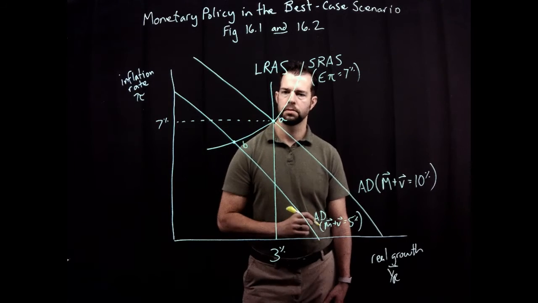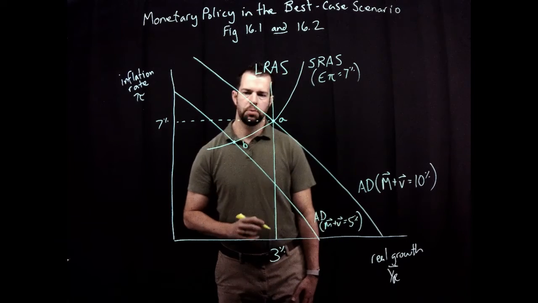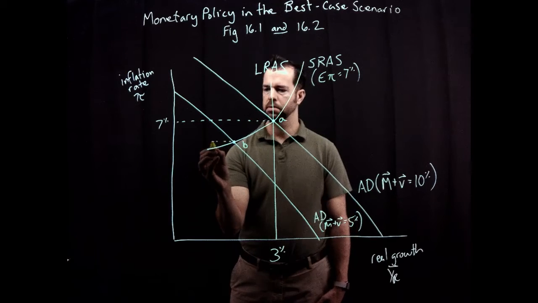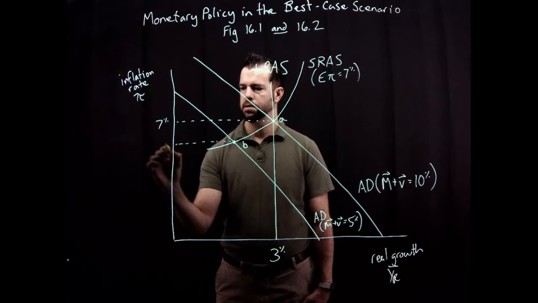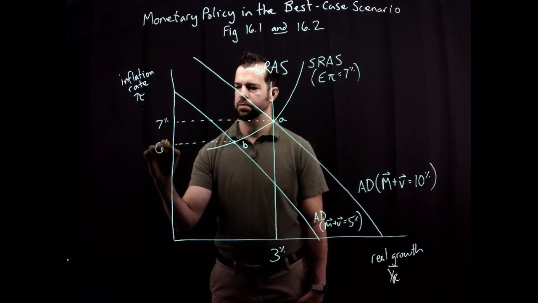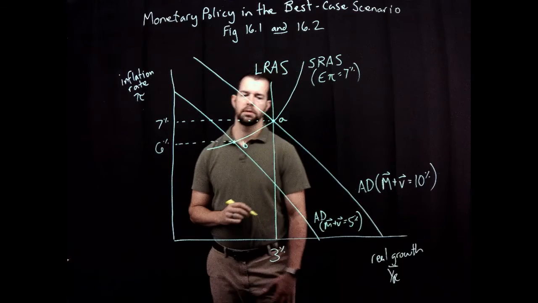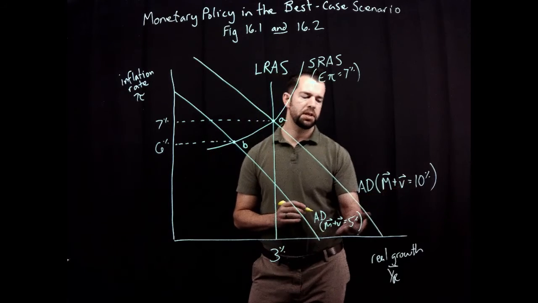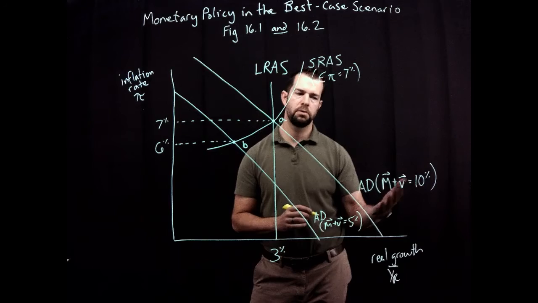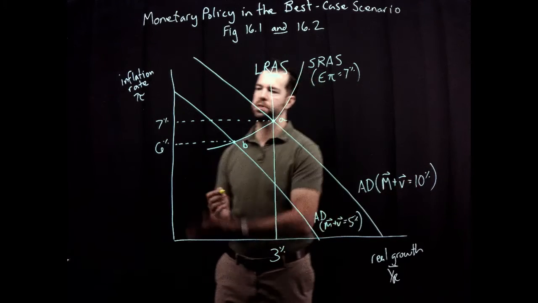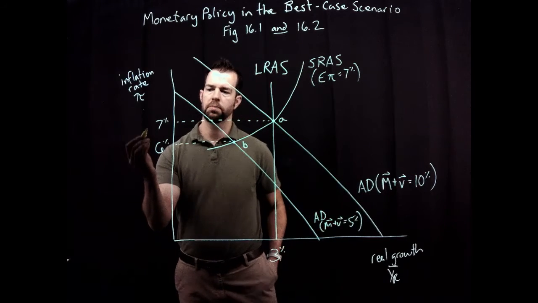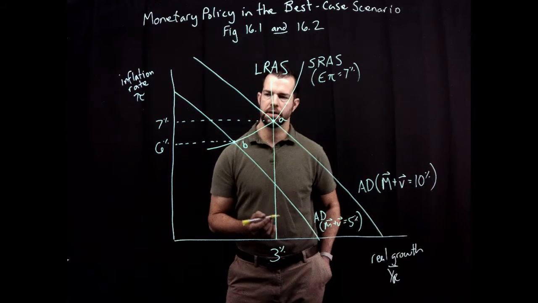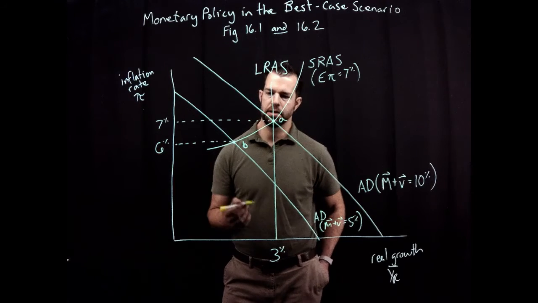Okay. All right. So at point B, we have a 6% inflation rate. And we had a 5% decrease in spending. So where does the other 4% go? Because 1% is a loss of the inflation rate.